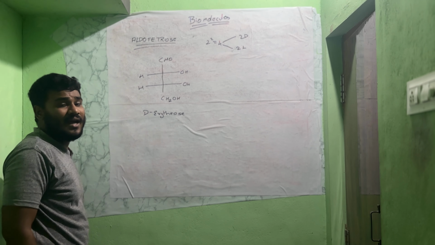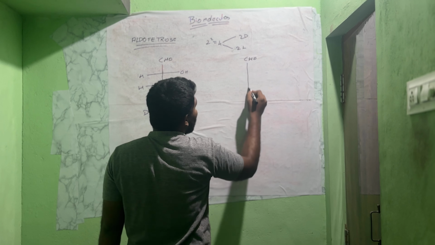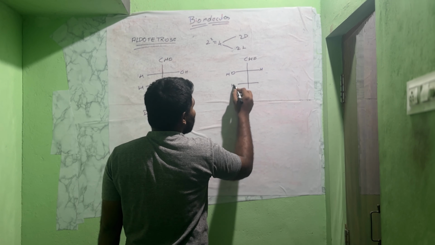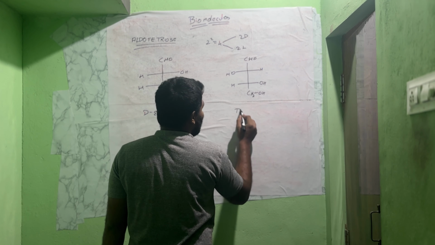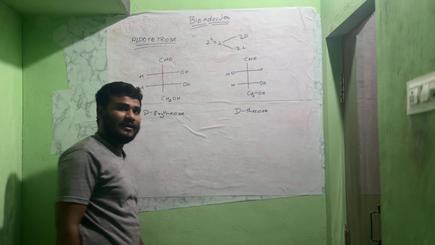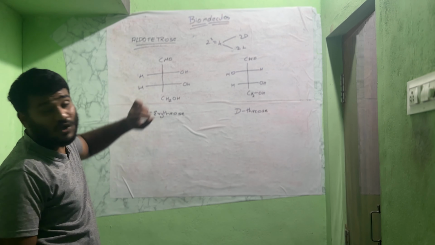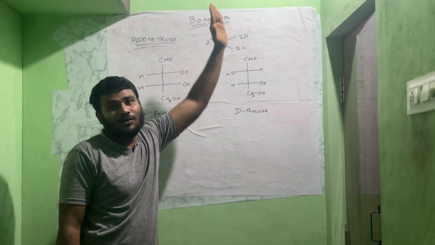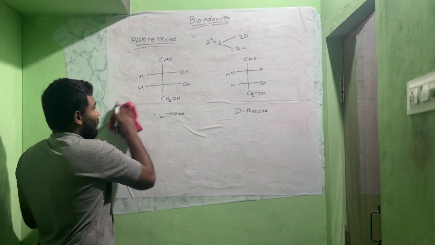If one OH configuration is changed from right to left side, then it is called D-threose. This is for aldotetrose. 2 optically active centers, 2 power n, 2 power 2, that is 4. 2 D forms and 2 L forms, that is D-erythrose and D-threose.